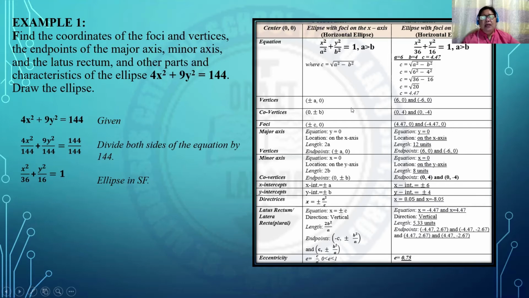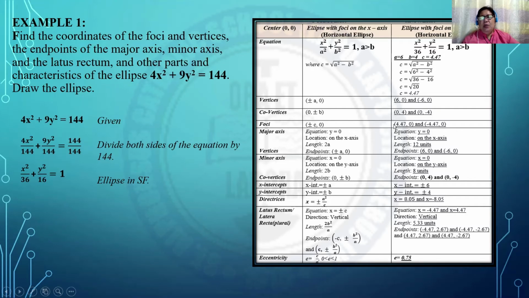Identifying the vertices, substitute the value of a, which is 6. The first vertex has coordinates 6, 0, and the other one is negative 6, 0. For the co-vertices, we have 0 as the abscissa, and then positive b for the first y coordinate, and negative b, so negative 4, as the second coordinate.